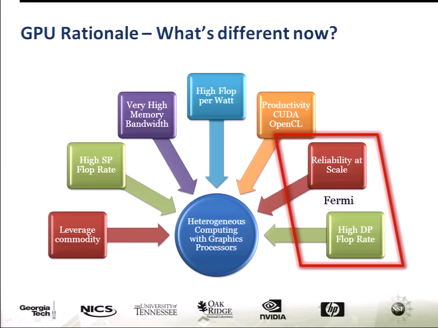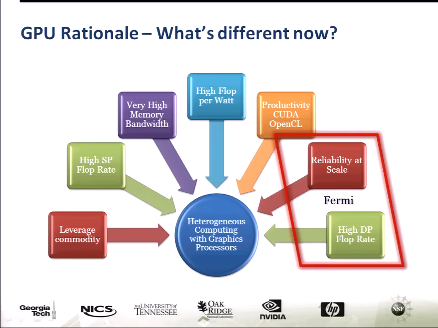CUDA is essentially an extended C. And so although you still have some constraints on what you can do, like memory accesses and things like that, it looks pretty much like C. And then OpenCL, which I'll talk a bit more about in a moment, was a standard so that it just wasn't NVIDIA specific. It was heterogeneous computing in general, and you didn't have to recode your application every time you wanted to move to a different device.